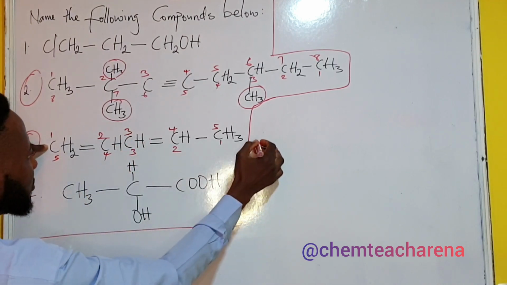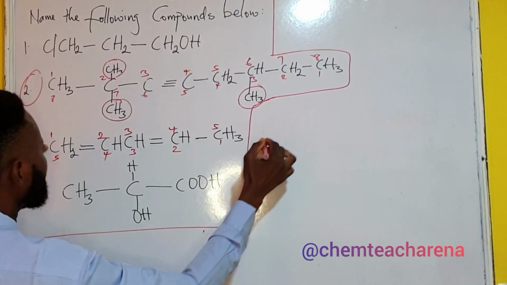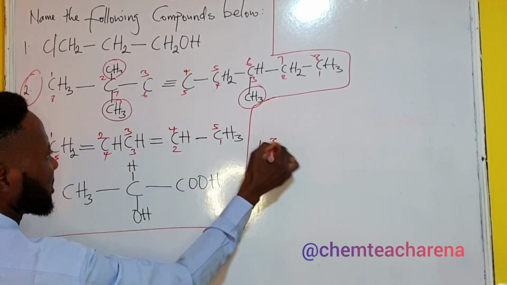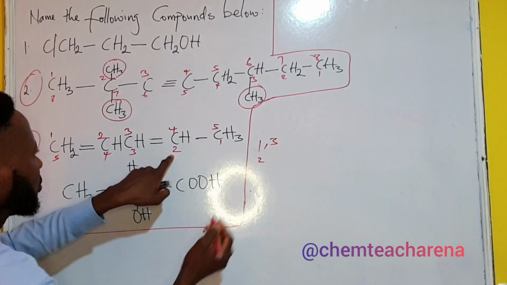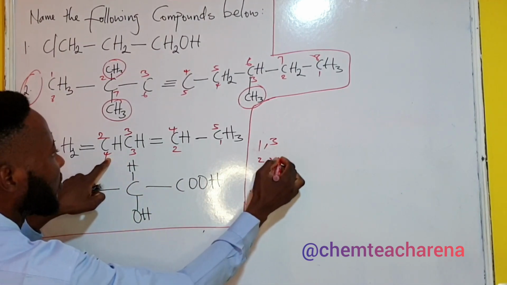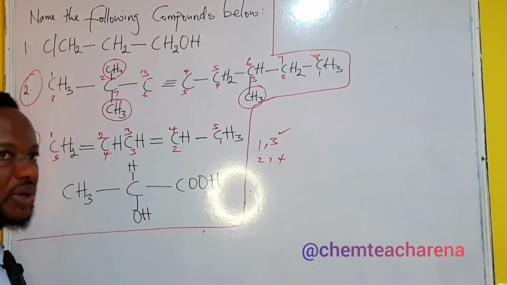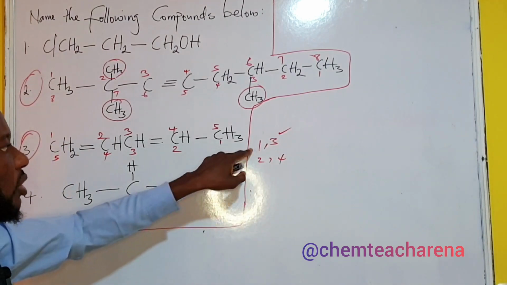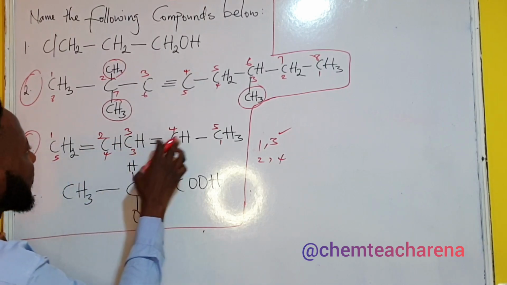So the double bonds are at position 1 and position 3. From this side, they are on position 2 and position 4. So the upper one is lower, so I have to take the smallest number. So I'm going to have 1 2 3 4 5.